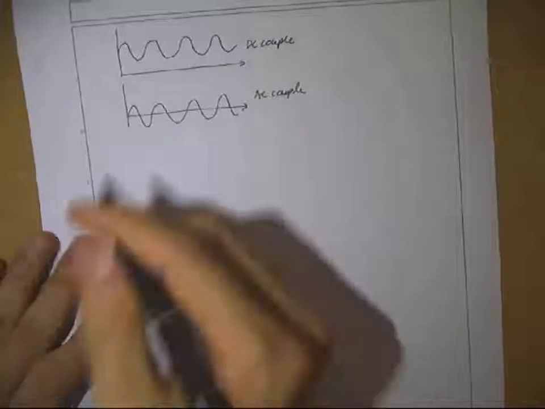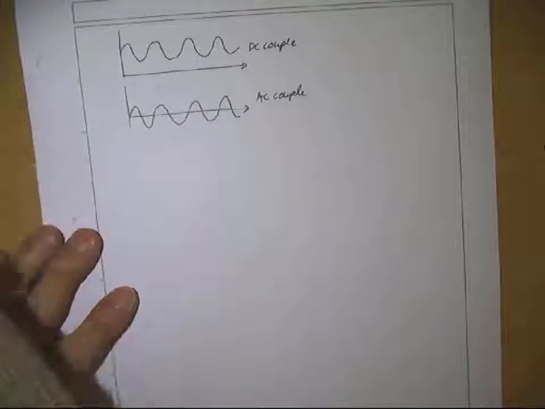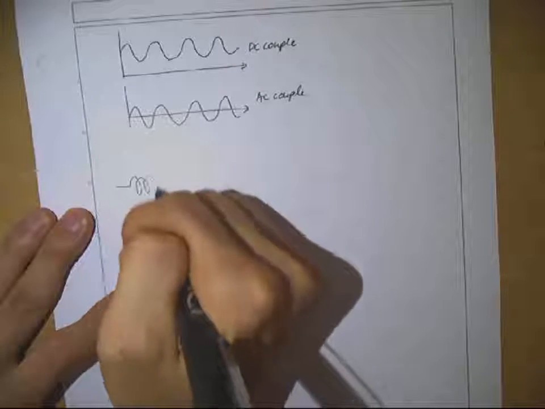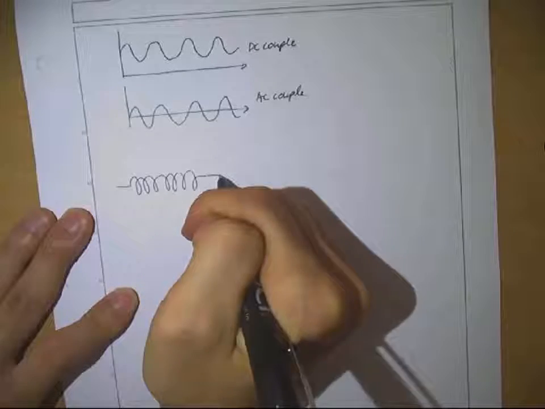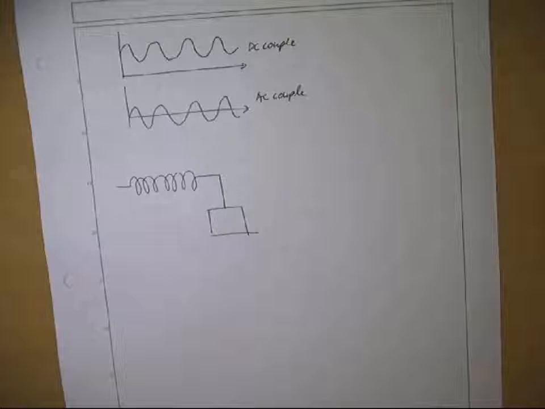Let's say that we have this kind of circuit, where you have an inductor, and this is the soil or the unit that you're planning to measure.